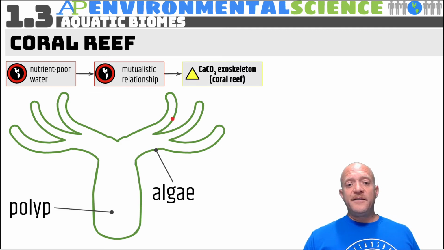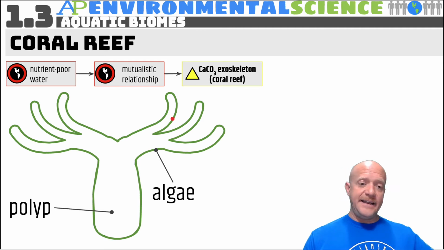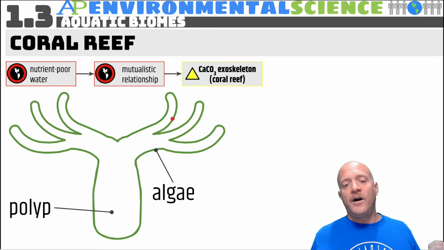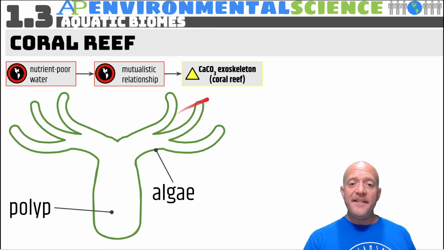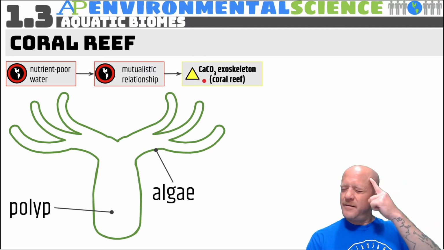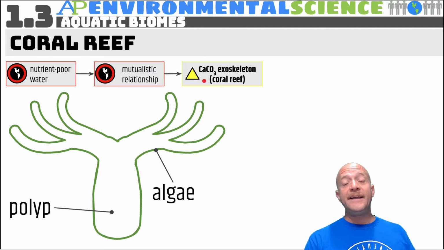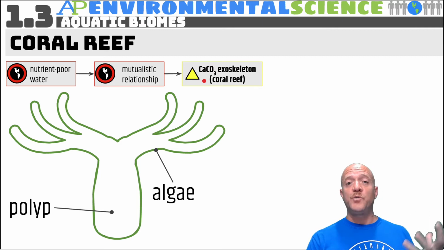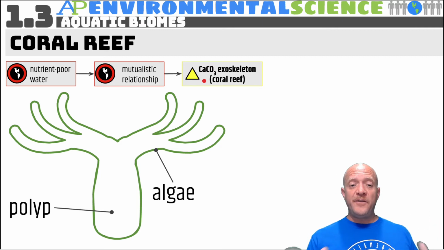So the polyp is going to release calcium carbonate. It's getting the carbon dioxide from the ocean water, it's getting calcium from the ocean water, and it's making calcium carbonate. This CaCO3, remember it, calcium carbonate, is also called limestone. And this is what forms the actual coral reef. So the physical structure that is present is from calcium carbonate.